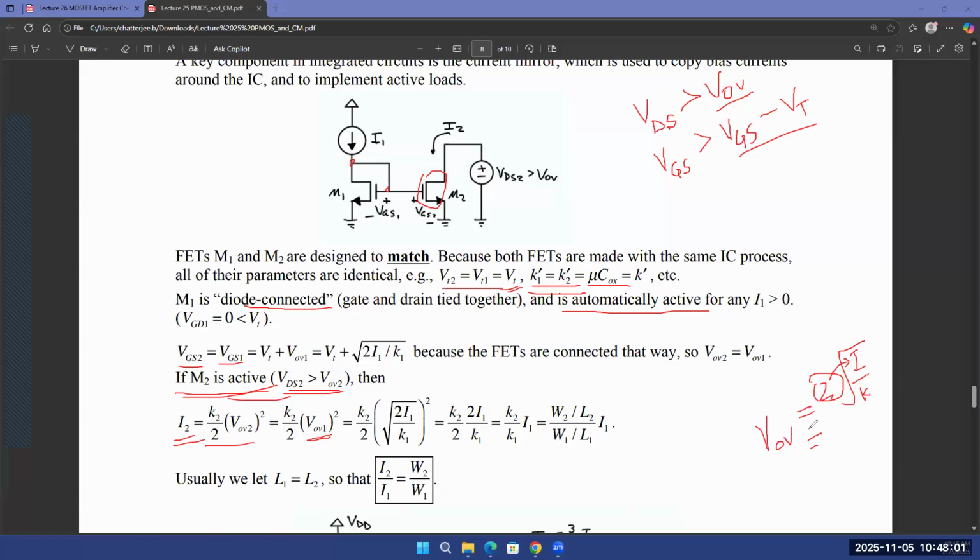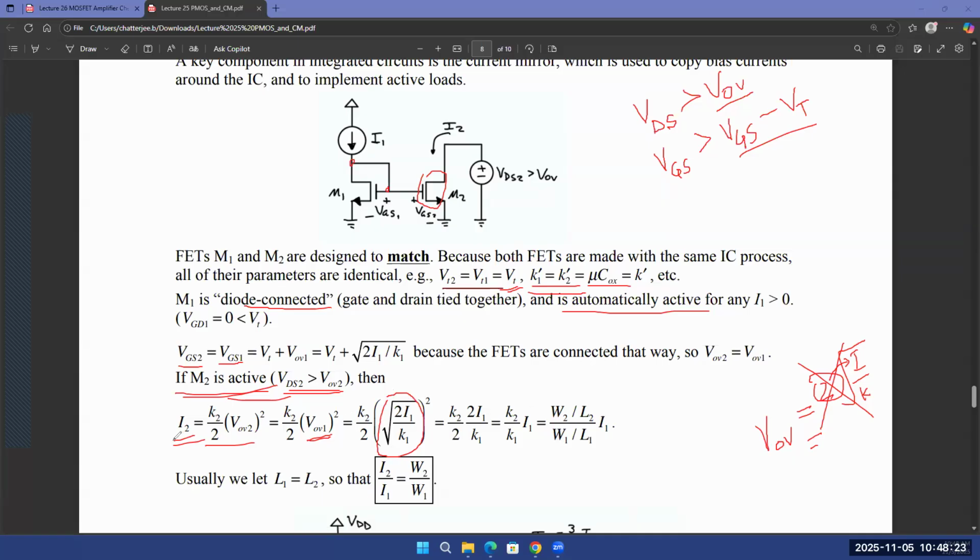From there, you can actually calculate this. Or I2 is equal to K over 2 times V overdrive squared. From there also you can calculate this. So this is not correct. Some of you have used this formula for some reason in the homework while solving the problems. But make sure that you use the correct formula for V overdrive, which is square root of twice I over K.